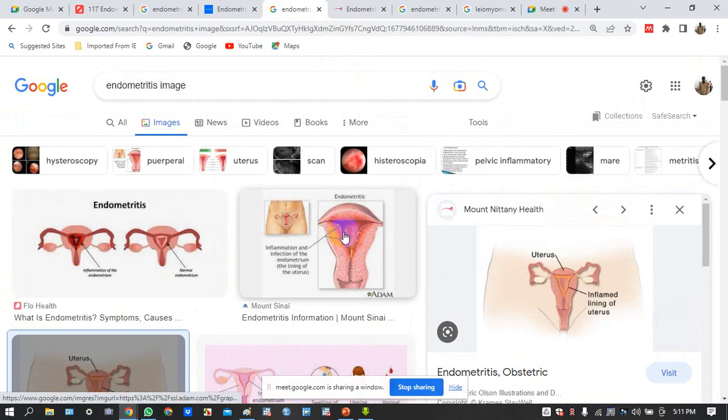You can see this picture. That is inflammation. Inflammation of the endometrial tissue. Inflammation is caused by infection. So if somebody has uterine infection, endometrial infection, then this is what is happening. So some women have PID, pelvic inflammatory disease, that can even travel into the endometrium.